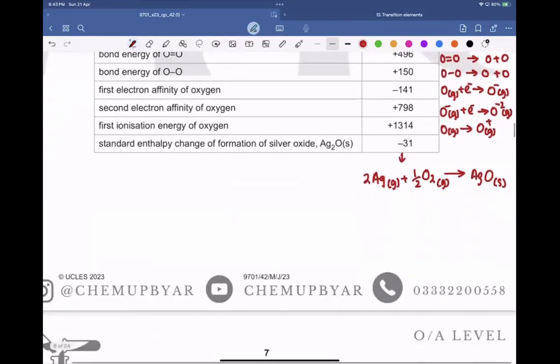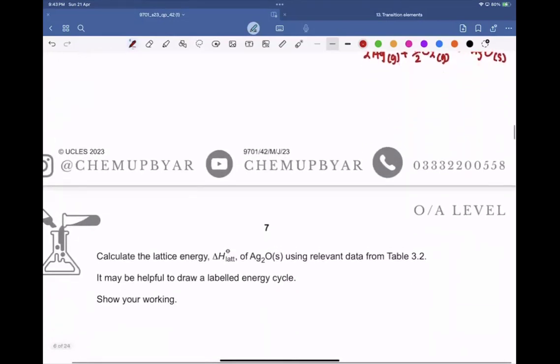Okay. Now what they are saying: calculate the lattice energy of Ag2O, silver oxide, using the relevant data from table 3.2. It may be helpful to draw a labeled energy cycle.